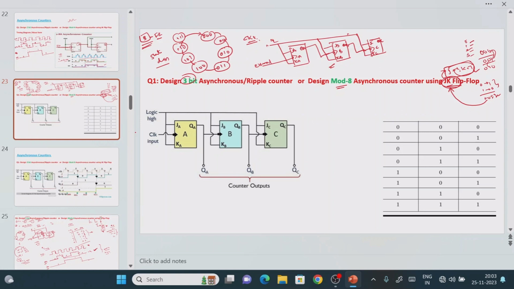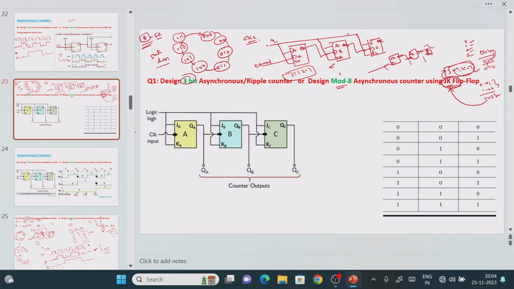Suppose the given question is asked for the T flip-flop. Now what do we have to do? We just take the 3 flip-flops. Let this be TA, this is TB, TC. Outputs are QA, QB, QC, right? Just apply the clock pulse first: external clock pulse, then the output of the previous flip-flop, output of the previous. Now the only simple thing is that in a JK flip-flop, J equal to 1, K equal to 1 gives the toggle condition.